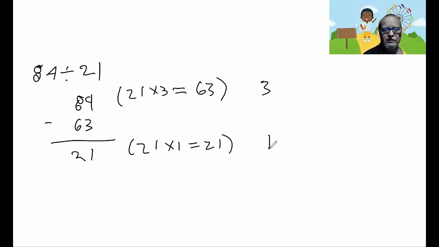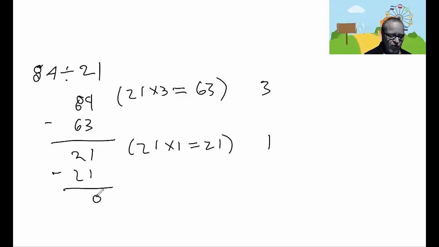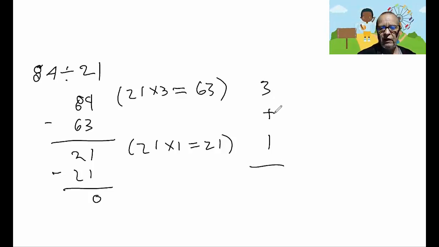So I put the 1 on the side there, and I subtract off the 21, and I get 0. Now, what I do is here, I have 3, and I add 1, and I get 4. So this means that 84 divided by 21 is equal to 4.